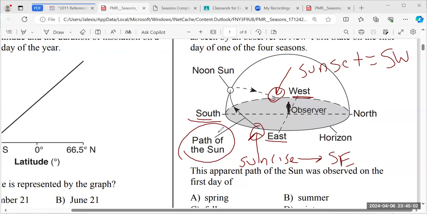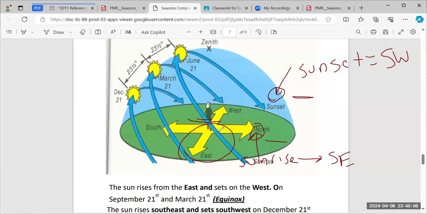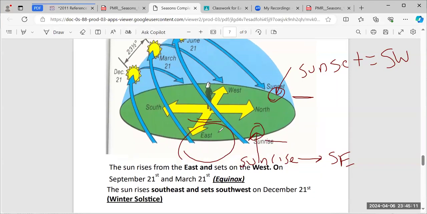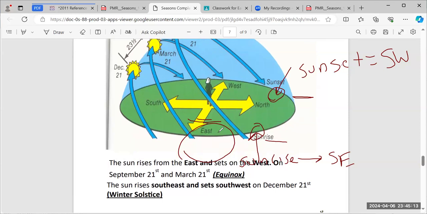When we look at our notes, and this is something that you have to memorize, all right? When we look at our notes, the sun rises and the sun sets right here, right? The sun rises southeast and sets southwest on December 21st, the winter solstice, right?